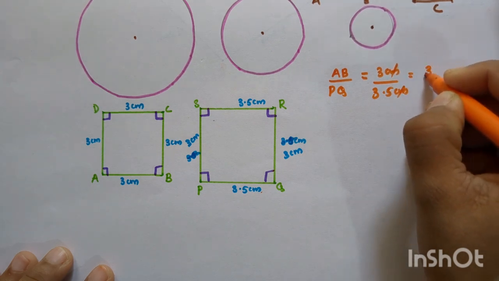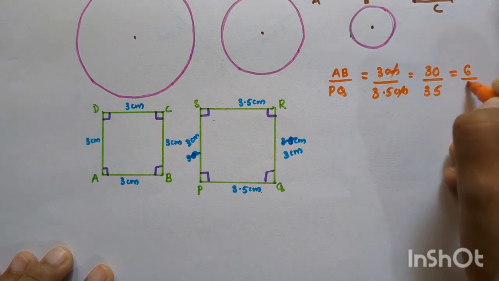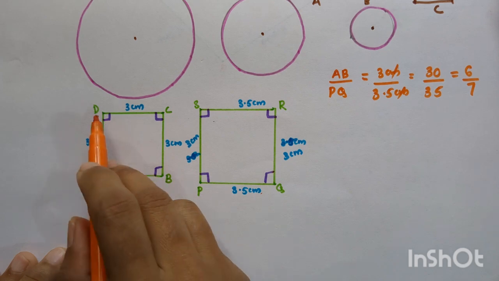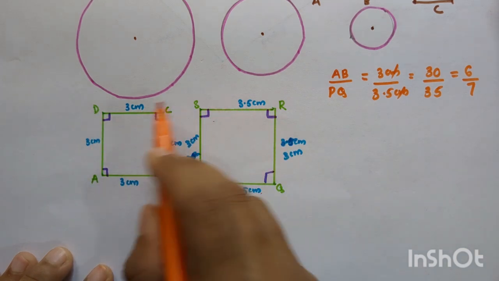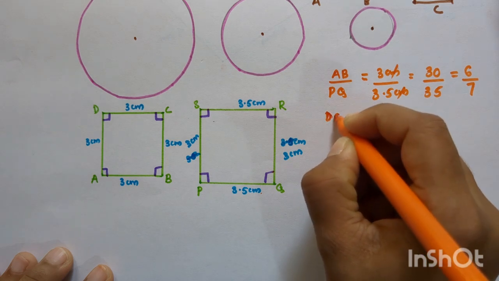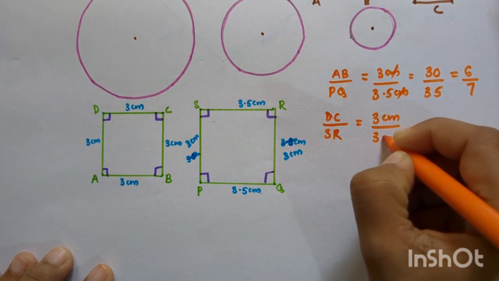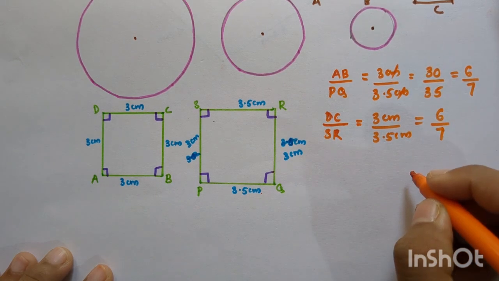Centimeter cancels. So this becomes 30 divided by 35. When you solve this, you will get 6 by 7. Similarly, corresponding to this side DC, here we have this side SR. So the ratio of these two corresponding sides, DC divided by SR, will be equal to 3 centimeters divided by 3.5 centimeters. Again, you will get the same ratio, 6 by 7.